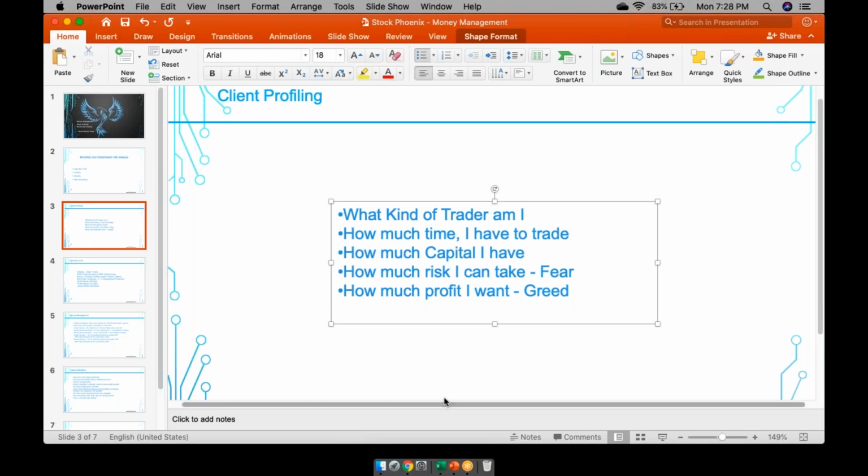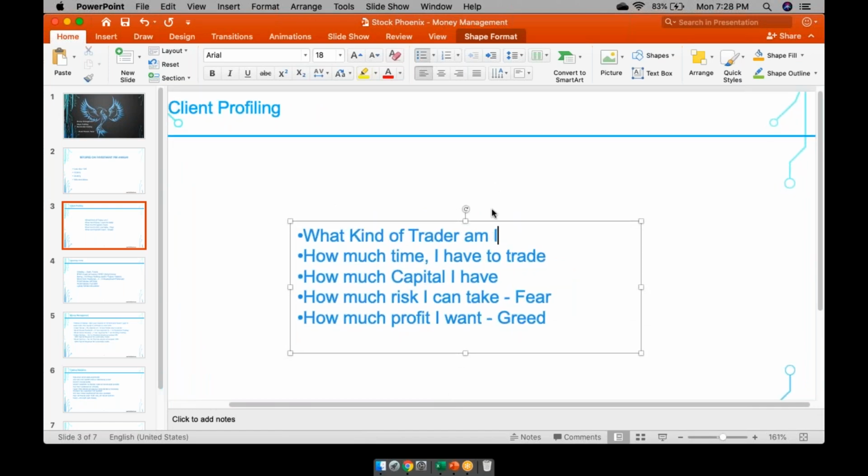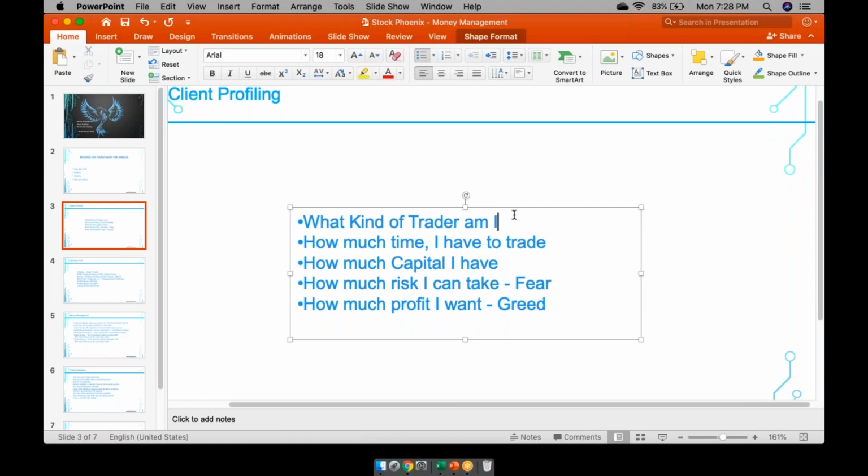Say I'll be expecting only 5% profit. That means you should stay within that level. If your expectation is not more, then why do you want to trade like someone else?